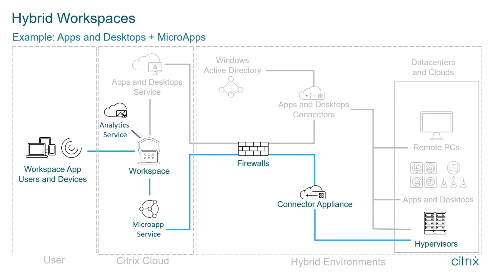And what we're going to do here, based on our use case, based on the demo that we just seen a few minutes ago, we're going to plug in micro apps into this equation. And we will need Citrix Connector appliance, because in this particular case, we're using Citrix hypervisor that's on-prem.